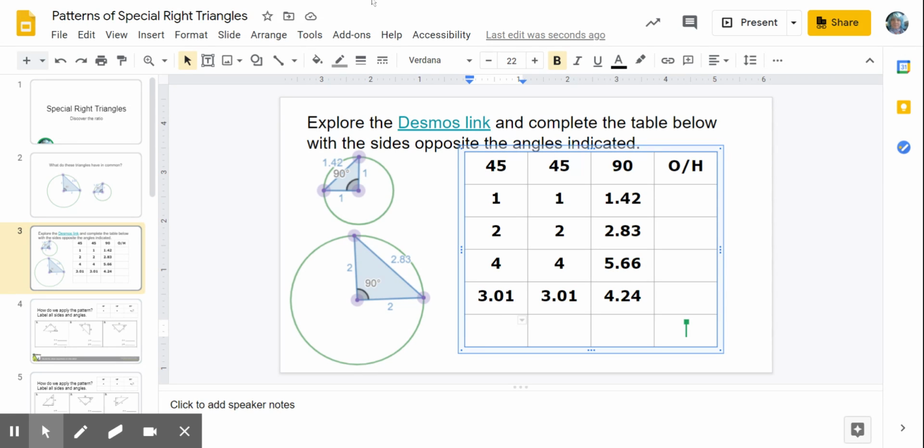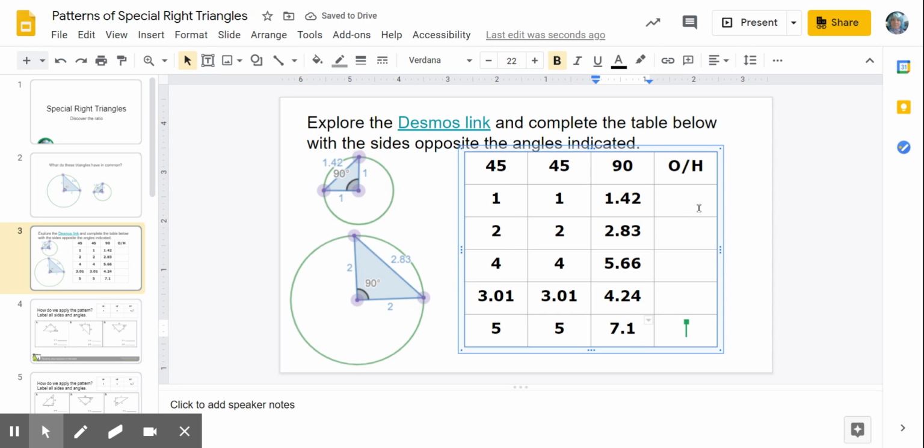We can go find another one. Let's try to do 5. Maybe. Why is it not moving? Oh, there we go. So 5, 5, and 7.1.